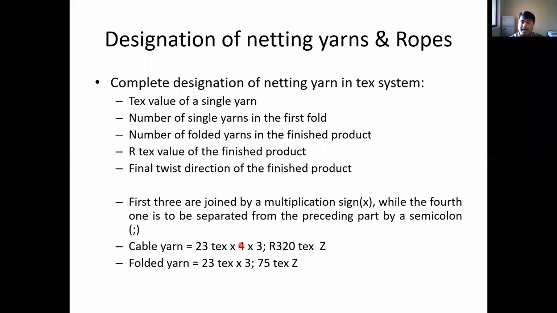Okay? Like that, the 3 here indicates the number of folded yarns. How many folded yarns have been twisted together to make the cable knitting yarn, the cable yarn? So 3 folded yarns are twisted together to form a cable yarn.